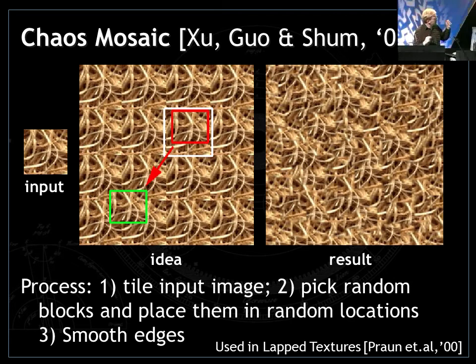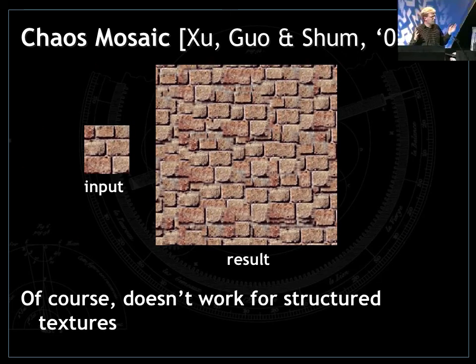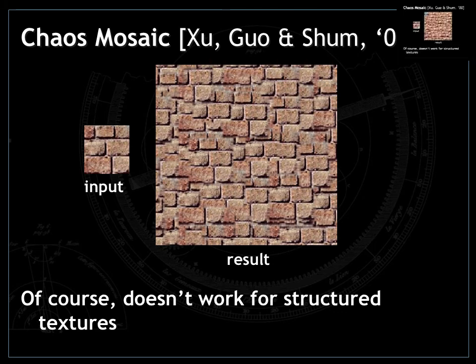You take a random block like the red one, and you place it somewhere else randomly. And then you smooth the edges so it looks okay. And then you repeat this over and over again. And what you get is not that bad, considering how simple this is. In fact, it was used in the lapped textures paper last year at SIGGRAPH. Of course, it doesn't really work well on structured textures, but it shouldn't work for these.